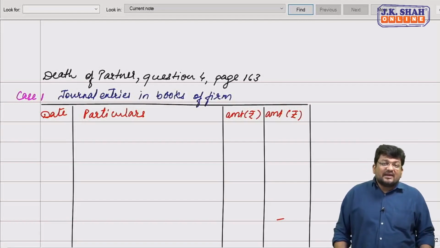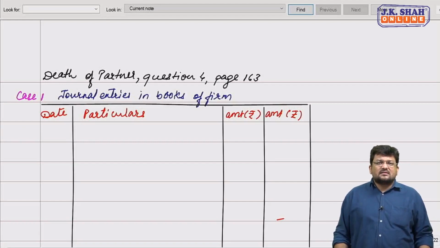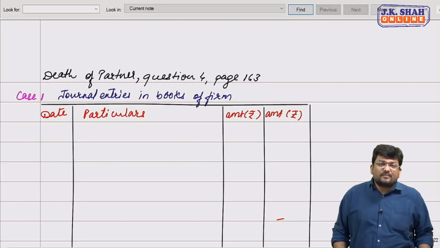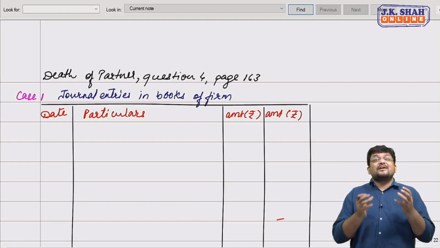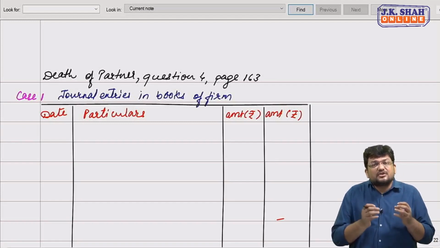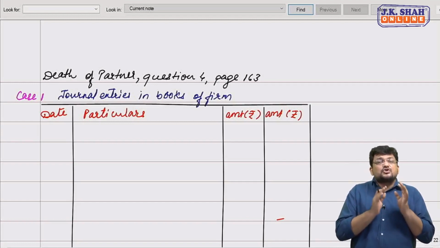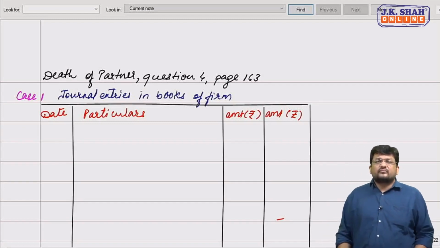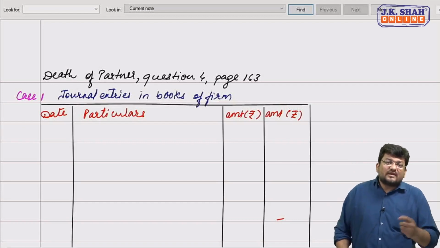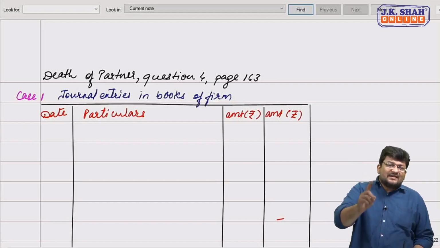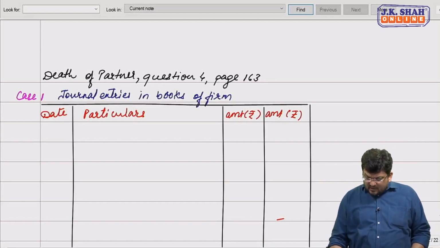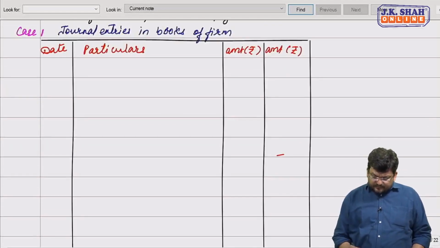Now, in case a partner dies, the policy immediately matures. And if the policy matures, the insurance company will pay the entire policy amount to the firm. The insurance company is going to give the entire 1 lakh to the firm. So the firm would be receiving 1 lakh from the insurance company.